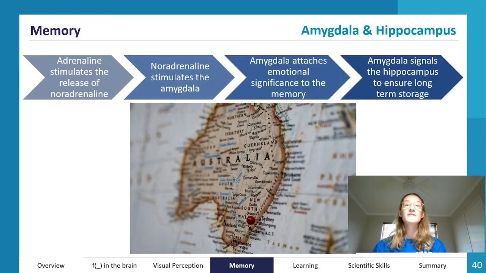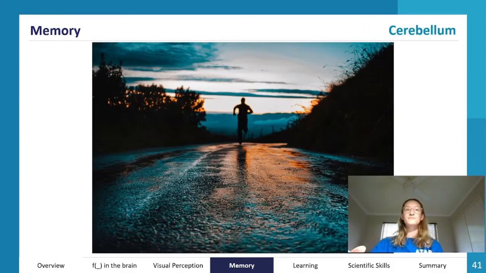From this little flowchart, we can see that adrenaline has a role in memory, noradrenaline has a role in memory, and the amygdala has a role in memory, attaching emotional significance to what we're remembering. And the hippocampus is really implicated in long-term memory as well.